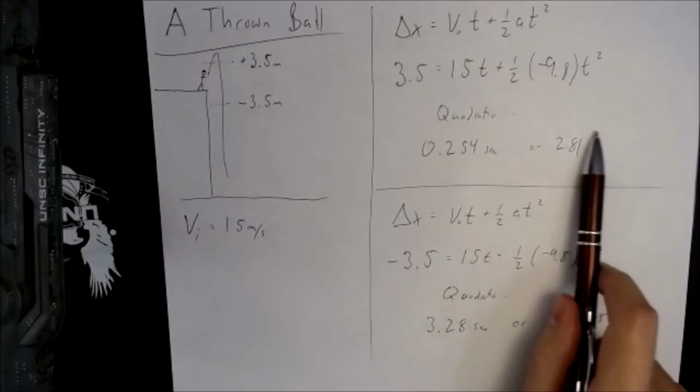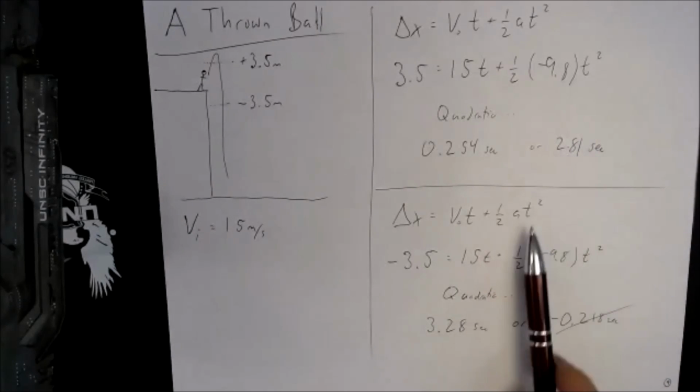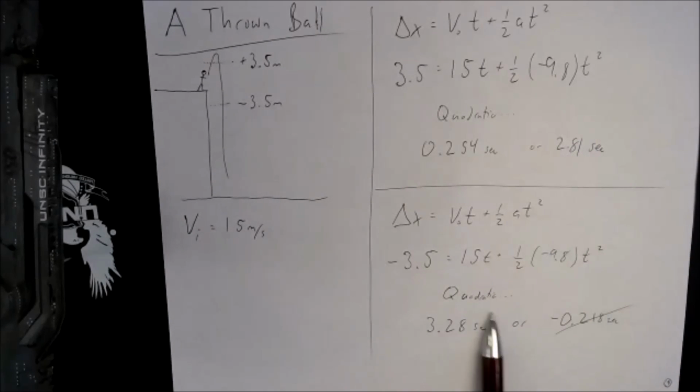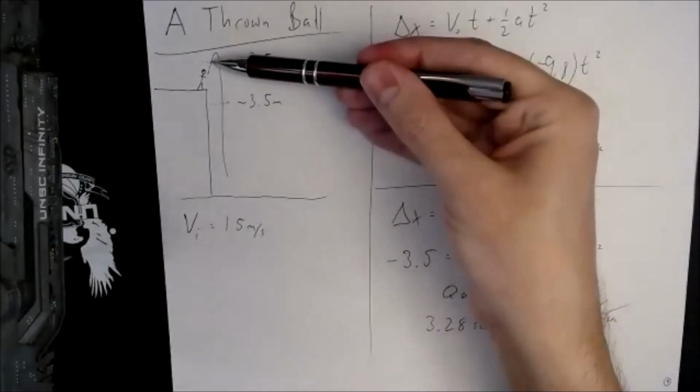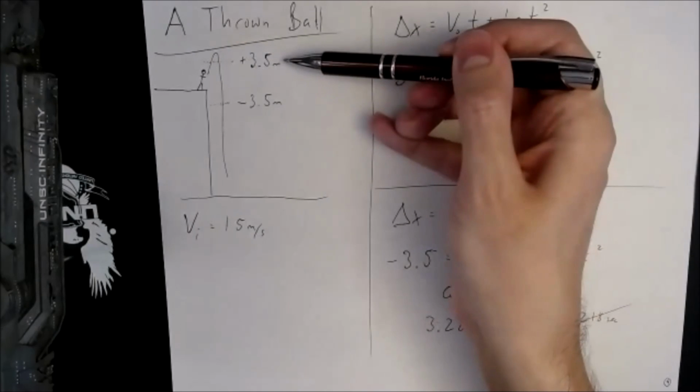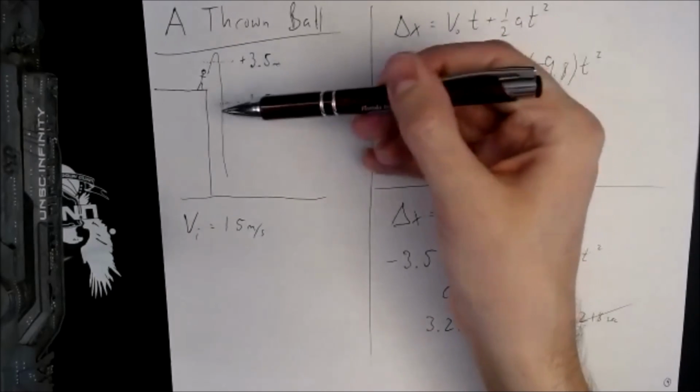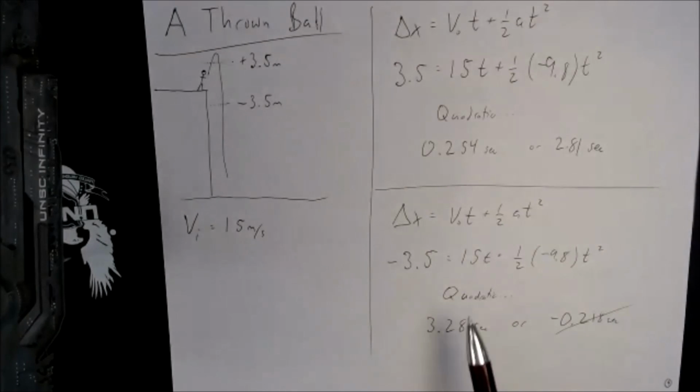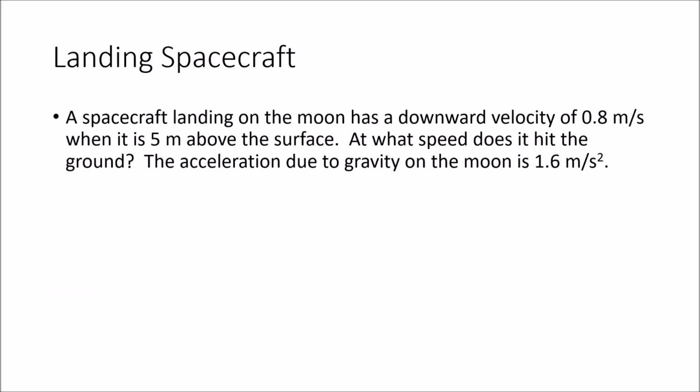And it takes that much time to do that. And then some amount of time after that, it's 3.5 meters below my hand. So the first point, the second point, both at 3.5 meters above my hand. And then the third point, 3.5 meters below my hand. They are in order. Time-wise, they are in order.